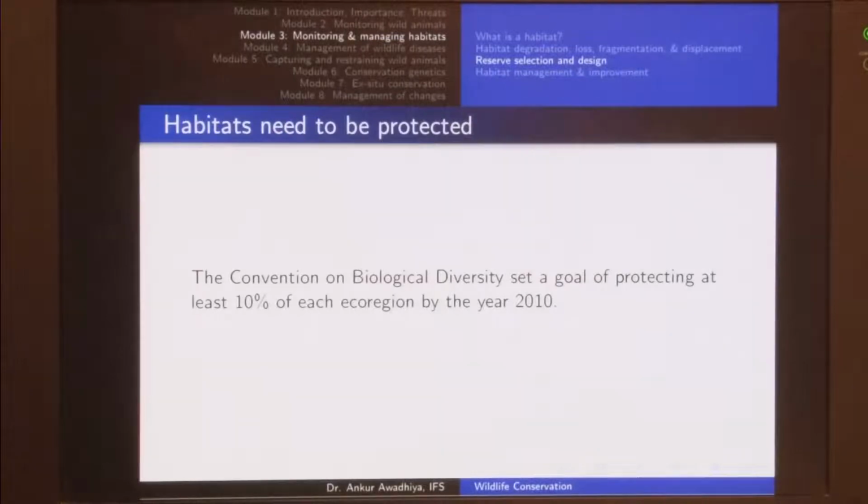So, let us begin. We know that habitats need to be protected. The Convention on Biological Diversity set a goal of protecting at least 10% of each ecoregion by the year 2010.